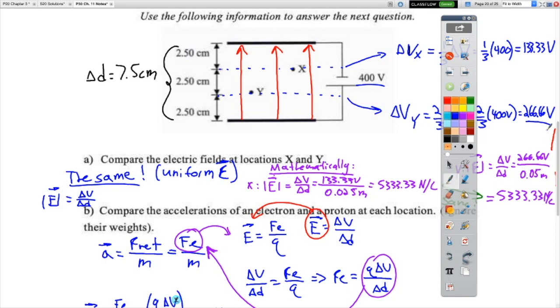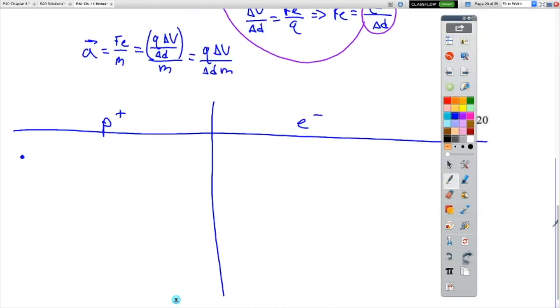Well, which way would its acceleration be? We said this is our positive plate. The electric field's going that way, and a proton is positive, so it'll go with the electric field. Either way, the acceleration of the proton is going to be towards the negative plate.